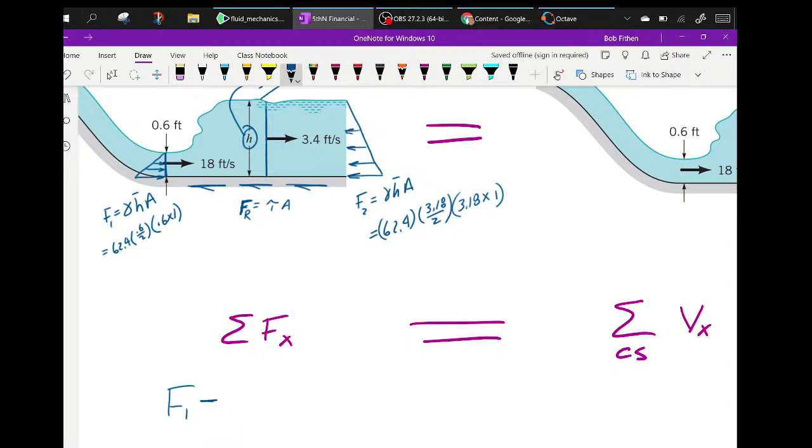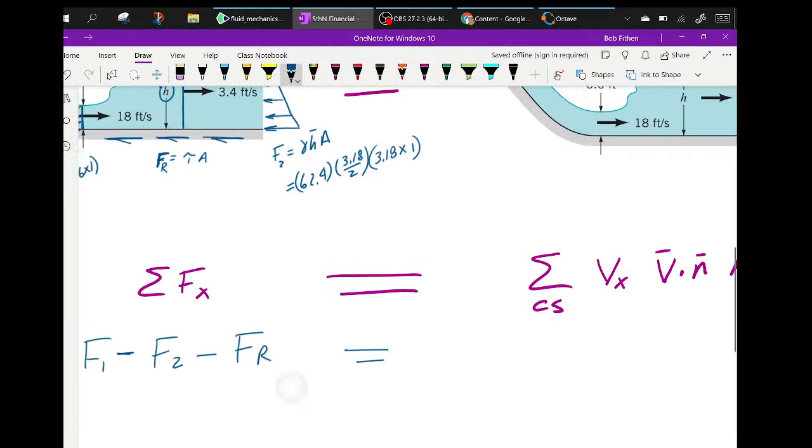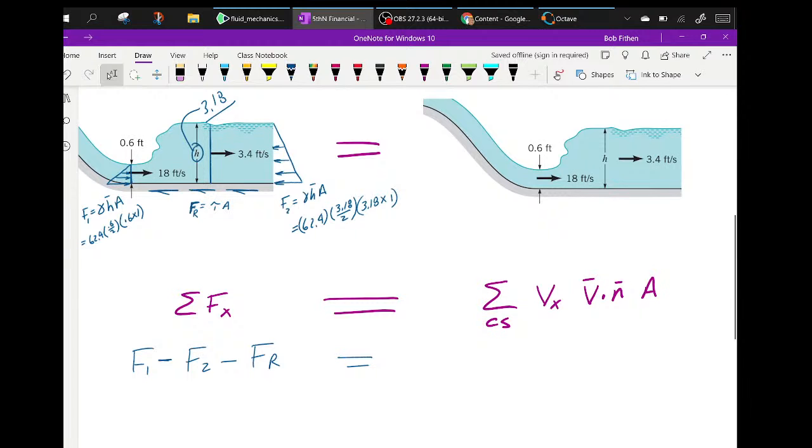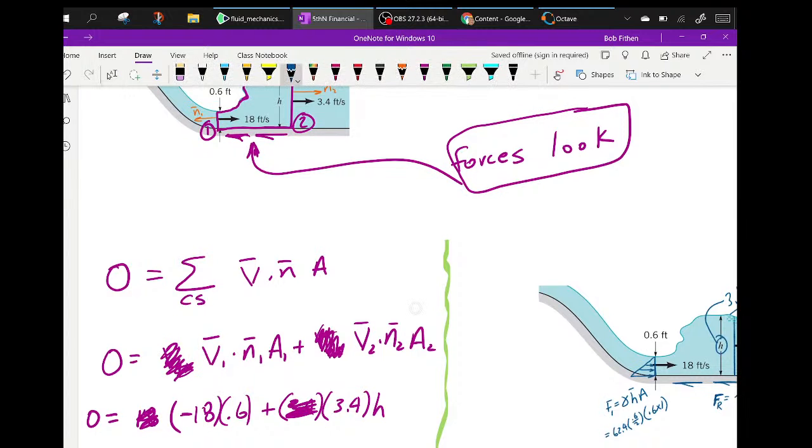So in essence, I could say this: F1 minus F2, because this one's pointing this way, the F1 is pointing that way, equals the retarding force. And I'm going to assume it to do this. Now what I'm going to do is put in all this. Here's the beauty of what I'm going to do: I'm going to go back to this equation.